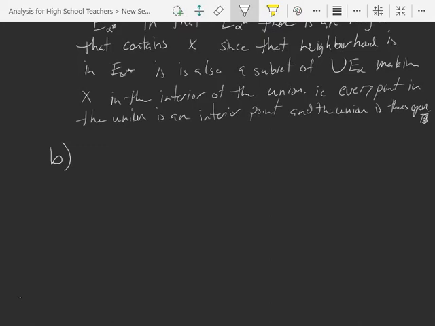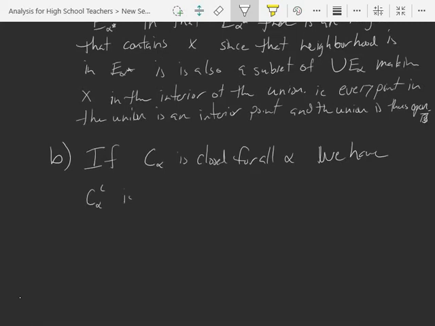So, if we call them C's, C sub alpha is closed for all alpha, we have C sub alpha complement is open. So the union of C sub alpha complement, by A, is open.